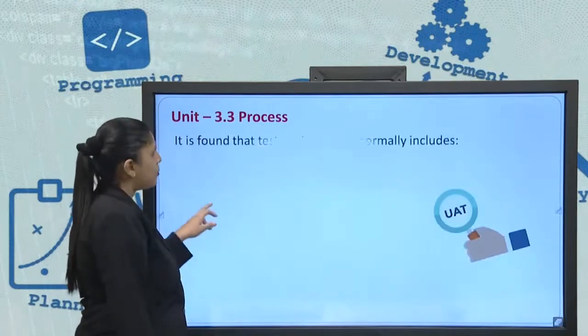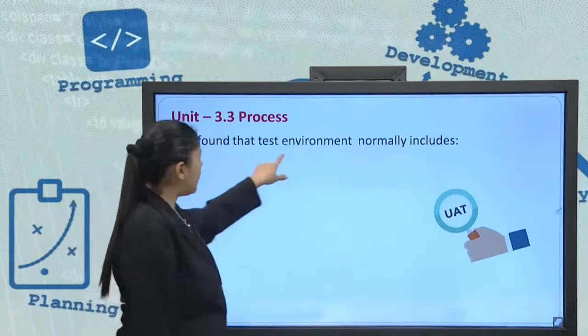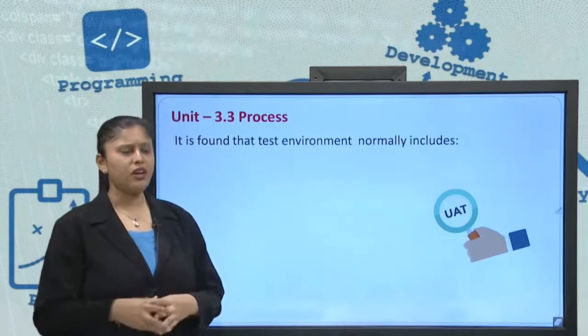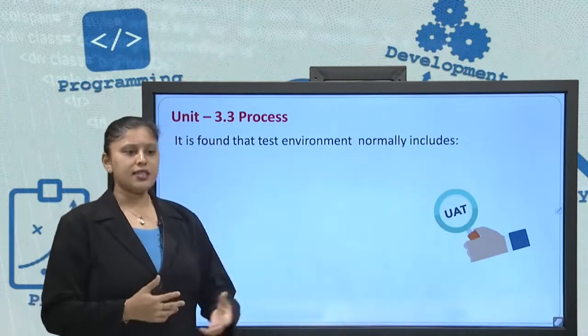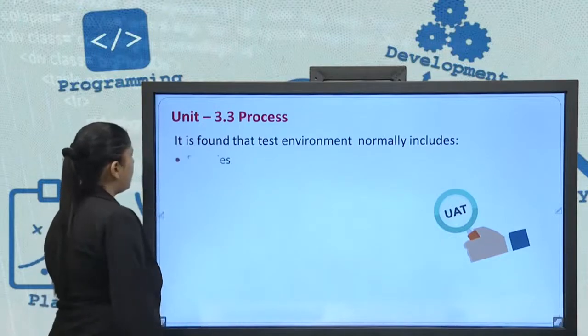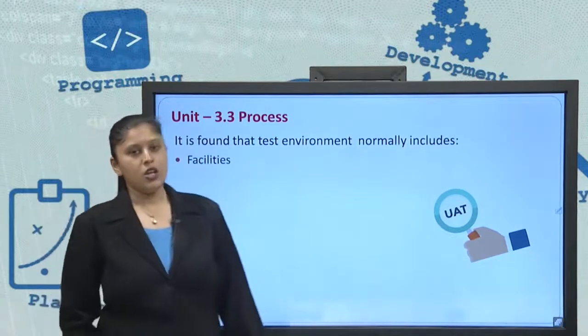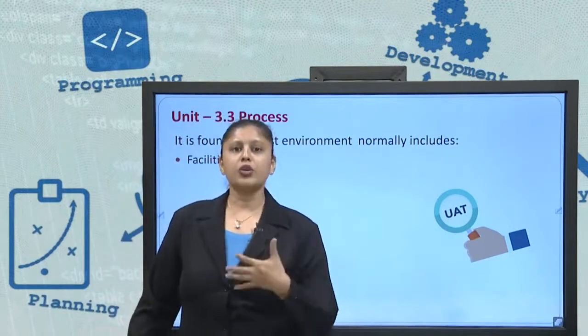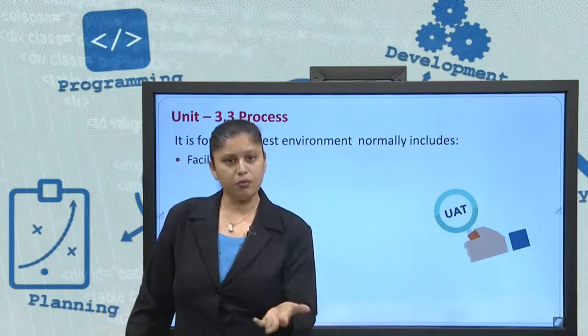Now it is found that within the process there are certain test environments. This test environment usually includes the following things. First is facilities, what facilities my product is going to provide to my users.